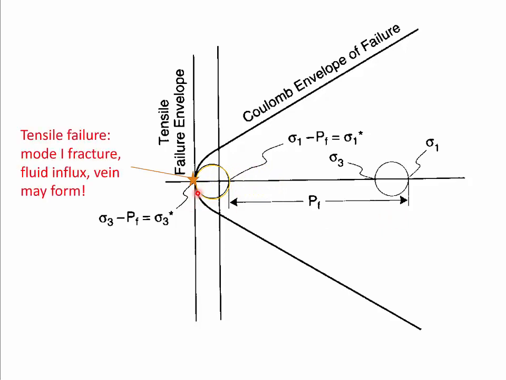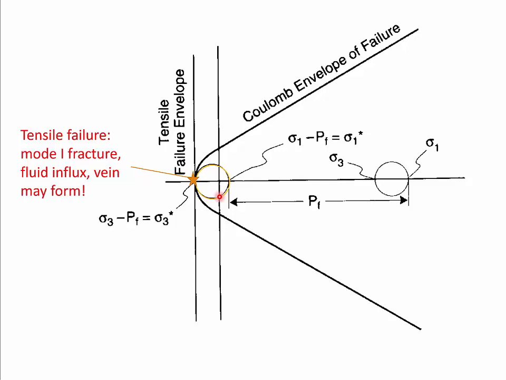And eventually, if the pore fluid pressure becomes large enough, we would intersect the tensile failure envelope. Again, this does not mean that this rock would come from the depth to the surface, but because the fluid pressure counteracts the absolute stresses, the rock would behave as if it was at the surface or close to the surface.